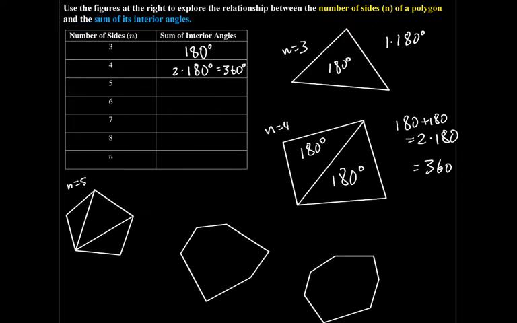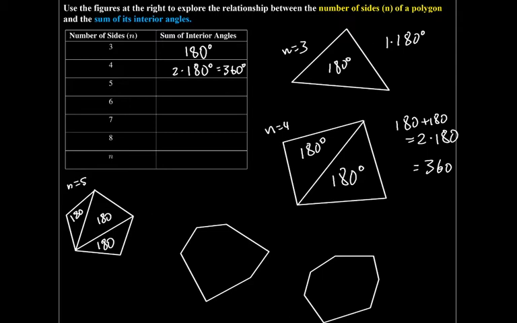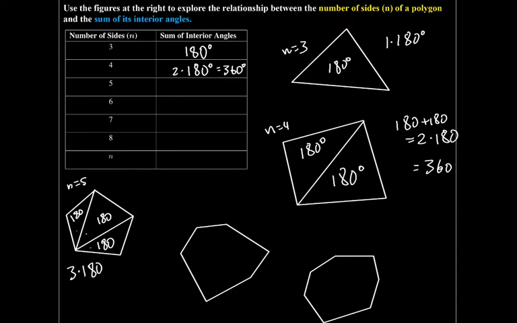So we have 180, 180, 180. So how many of them do we have? 1, 2, 3. We have 3 times 180. And that's, what, 540 or something like that? Yeah, 540.